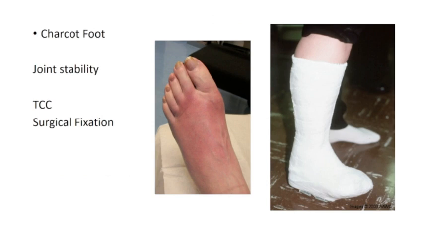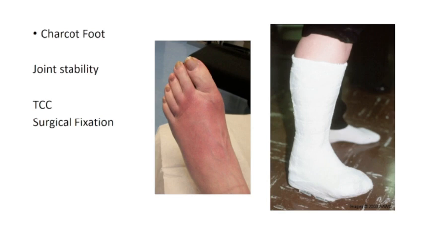Then Charcot's, it's all about joint stability. In acute Charcot's foot, it's all about maintaining the joint stability. There is no bacterial infection in Charcot's foot. So you have to maintain joint stability. The thing that is used in other countries is the total contact cast, very unpopular among our patients because of the weather and humidity and all. They don't want to keep the cast.